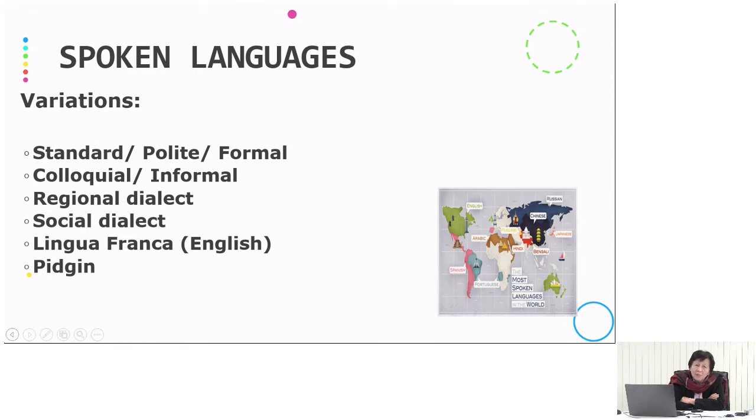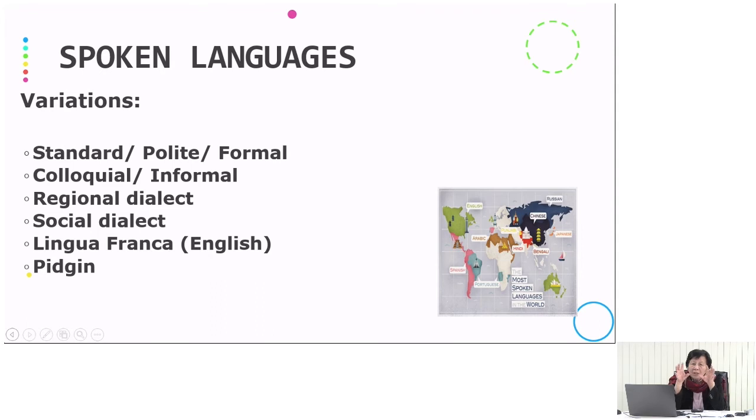But at home, they speak Korean, they speak Japanese, they speak Thai, they speak Chinese. See? So it means that even in one country, even in one region, even in one small, small place, people can speak differently, you see. So this is the way that we talk about the variation of spoken languages of this world, see.